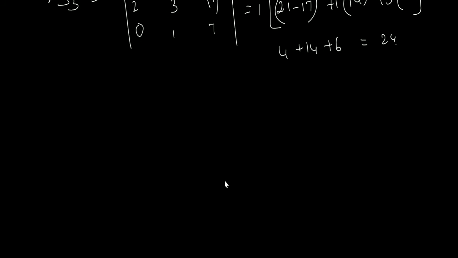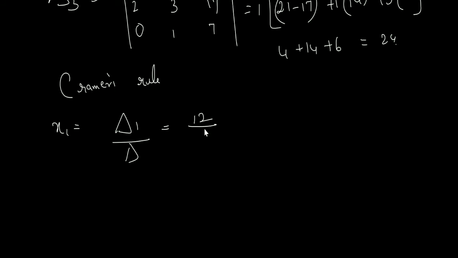So now we use Cramer's rule. The Cramer's rule is x1 is delta 1 by delta. So what is delta 1? We got delta 1 as 12. So 12 by 6 is equal to 2. x2 is delta 2 by delta, that is equal to minus 6 by 6, that is minus 1.